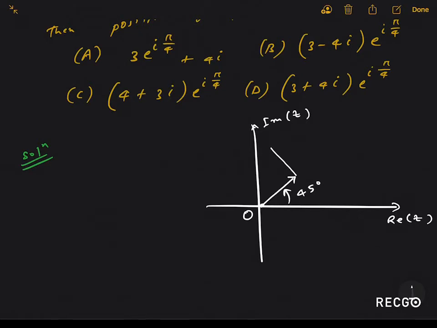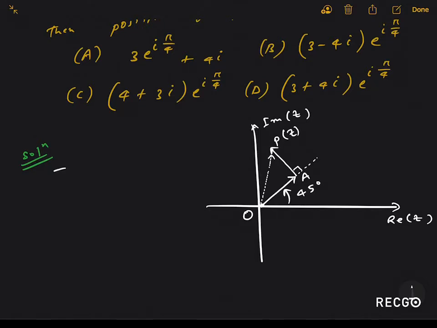Let's say this length is 3 units, and then he goes towards northwest, and after moving 4 units he reaches point P. Suppose the affix of point P is Z, as I have assumed here. So what you actually have to find is the position vector of point P. In fact, you have to find the OP vector in the complex plane, right?